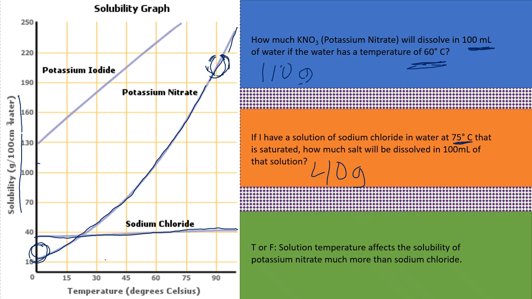And in fact, at 0 degrees Celsius, so almost frozen water, will dissolve almost 40 grams of sodium chloride. But almost boiling water will still only dissolve about 40 grams of sodium chloride. Sodium chloride is not very affected by temperature. So, solution temperature affects the solubility of potassium nitrate much more than sodium chloride. That looks absolutely true to me.